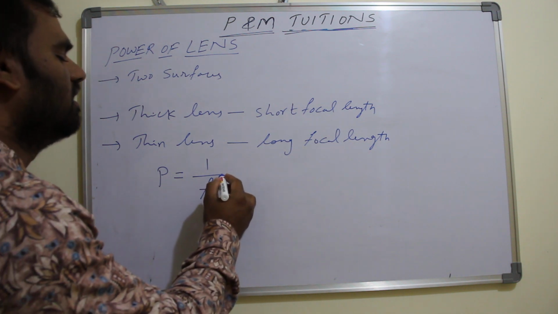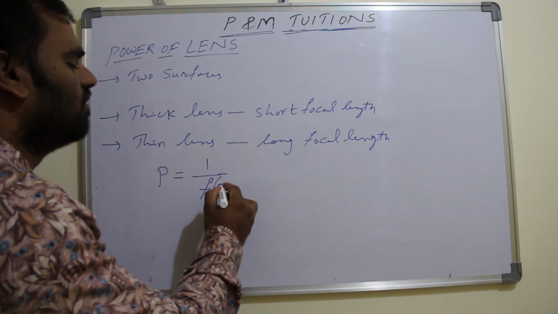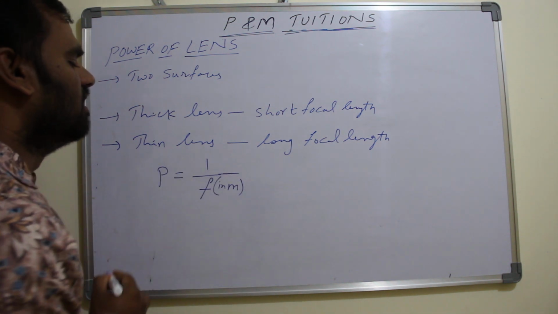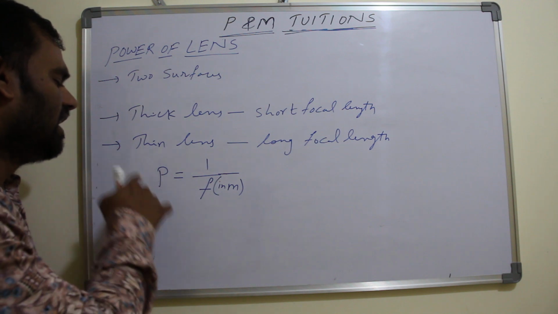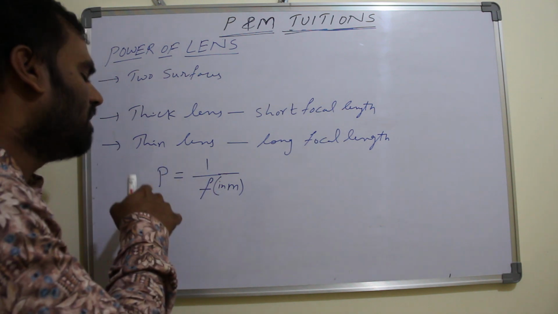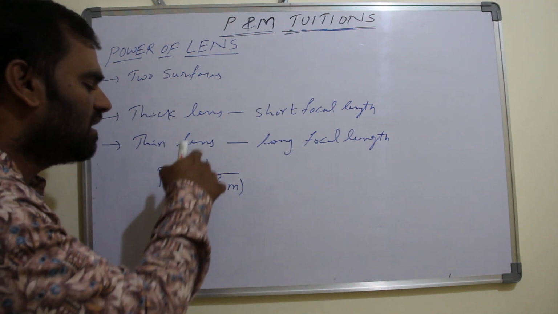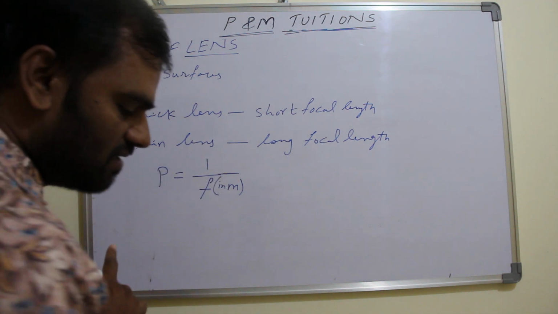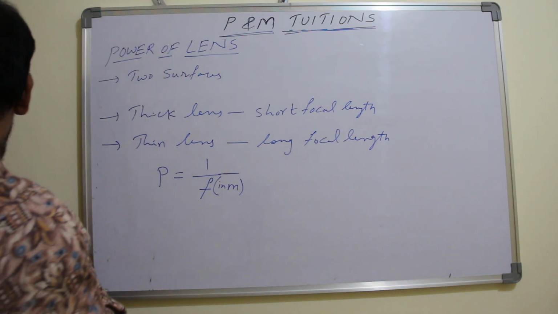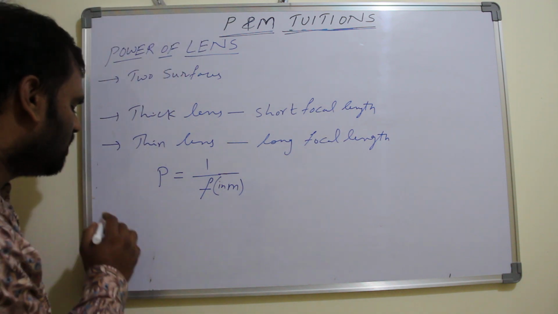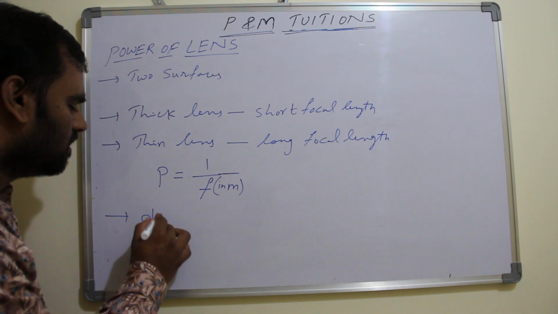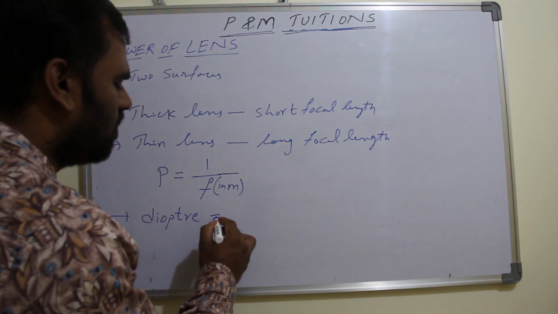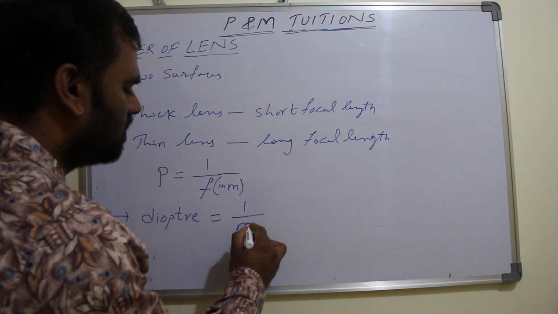The unit of power of lens is the diopter. One diopter equals 1 by meter.